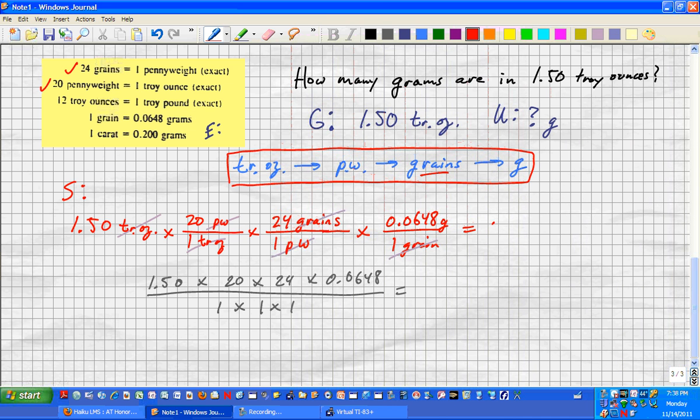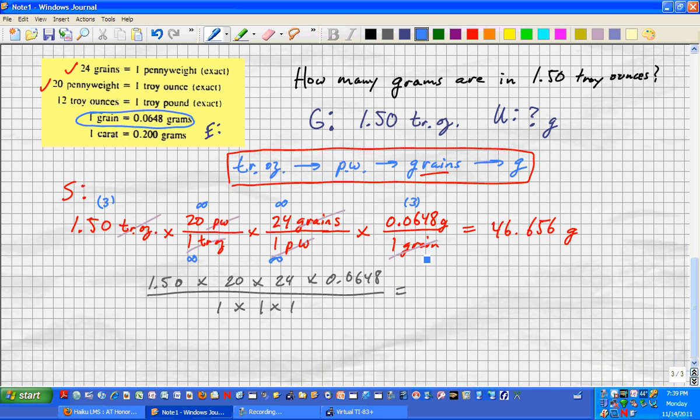So 46.656 grams, but I know I need the proper number of sig figs. This has 3 sig figs, infinite, infinite, infinite, infinite. The 1.50 actually has 3 sig figs. The lead zeros don't count. This is a measurement. These all say exact. This does not say exact, so I'm going to assume it's not exact.